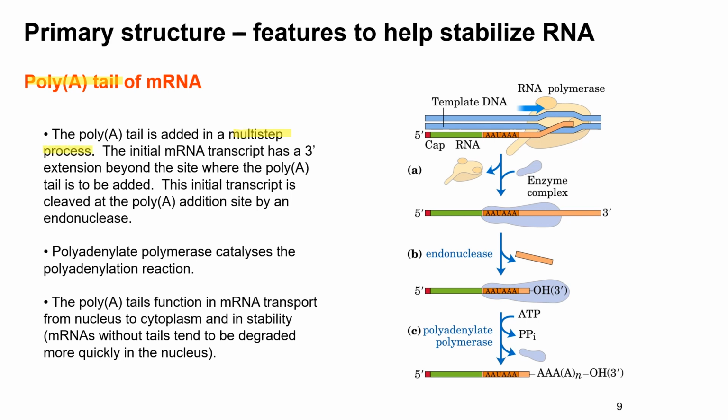The transcript is first cleaved at the poly-A addition site, followed by addition of a series of A's. In eukaryotes, the poly-A tails can be 150 nucleotides long, and this tail is recognized by the cellular machinery to help in mRNA transport and also help to delay the degradation of the mRNA.